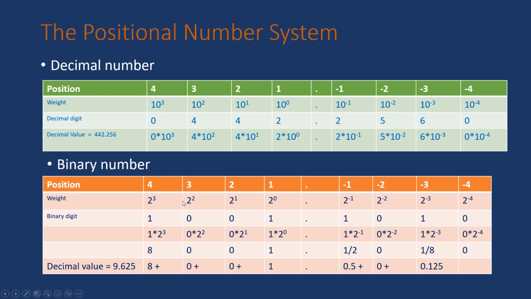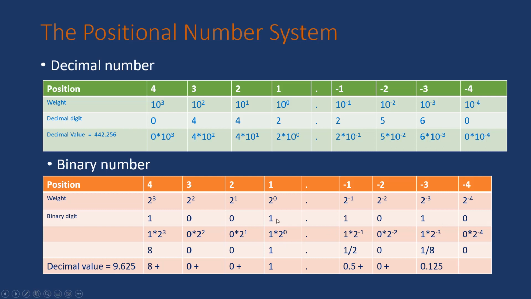That is going to be the weight. It's the same thing. After the decimal point, it's going to be 2's power -1, 2's power -2, 2's power -3. For example, if we have a binary 1001.101, what is this number translated into decimal?